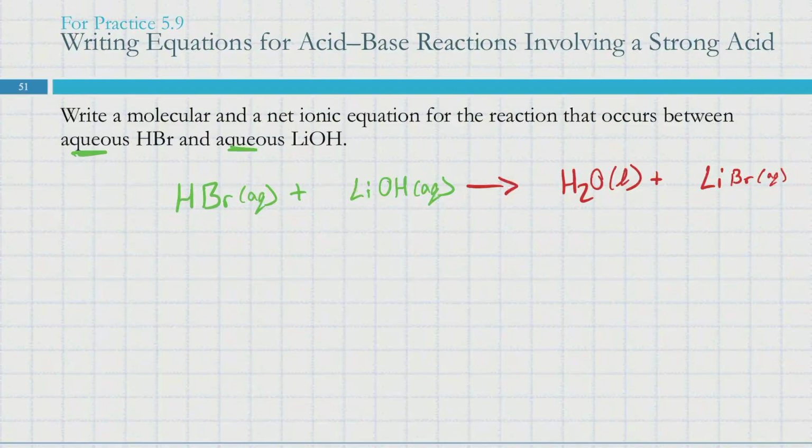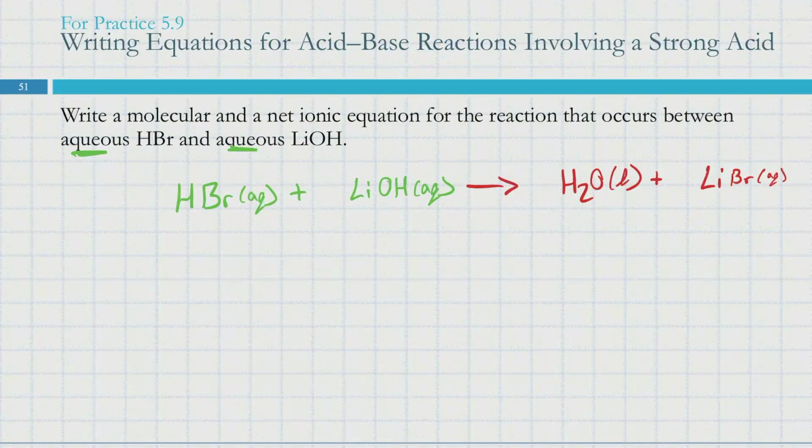If we wanted to make the net ionic equation, what do we do? We could write the complete ionic equation, and then from the complete ionic equation, what would we take out? Soluble substances is correct. I was looking for spectator ions, but they are soluble substances.